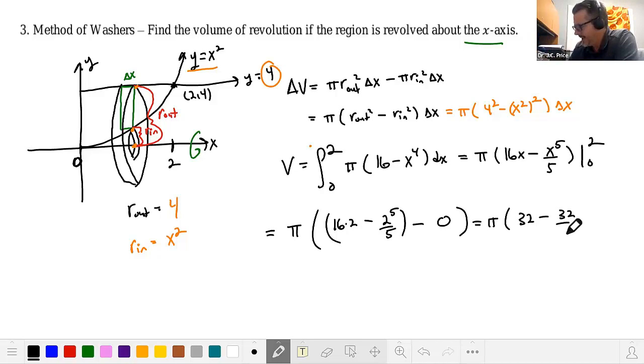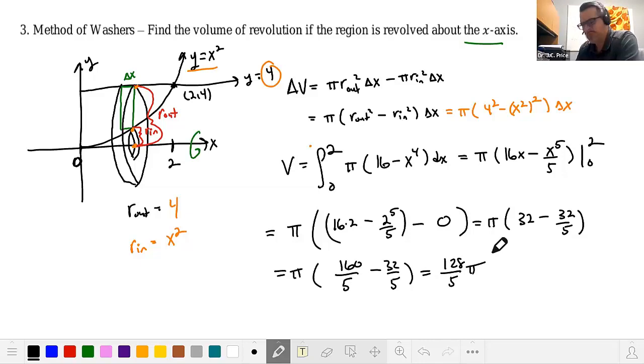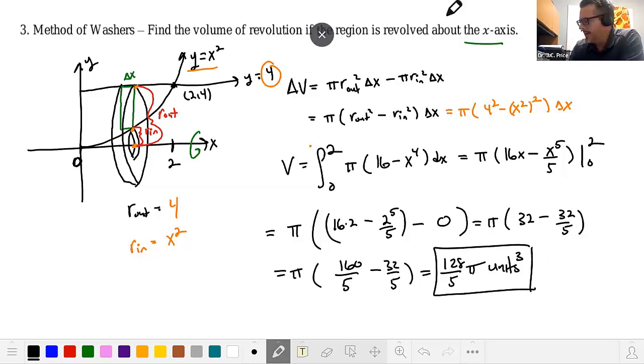So 32 over 5, which is kind of a pain, but it's not terrible, right? So this one's going to be pi, and we multiply top and bottom by 5 here. So you get 160 minus 32 over 5. So that's going to be equal to 160 minus 32 is 128, over 5 times pi. Good. And then units, don't forget cubed. So that's the volume there.